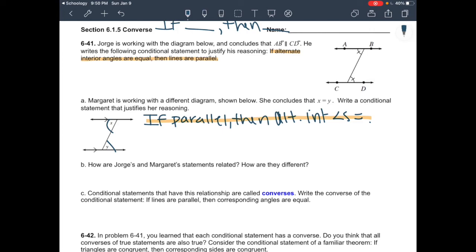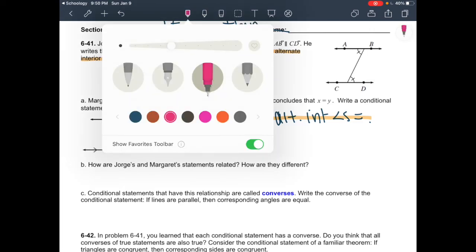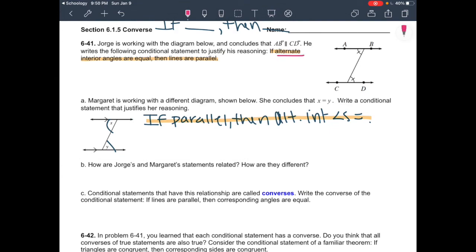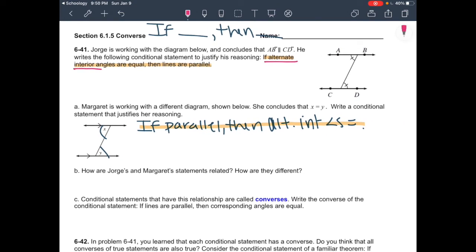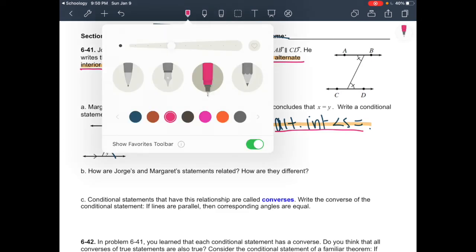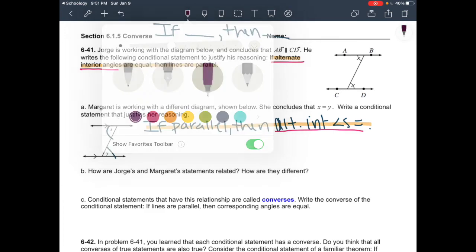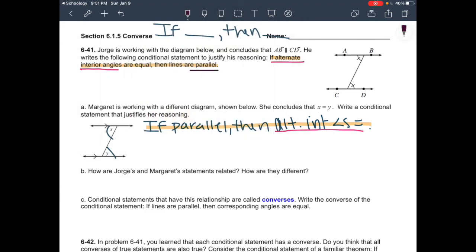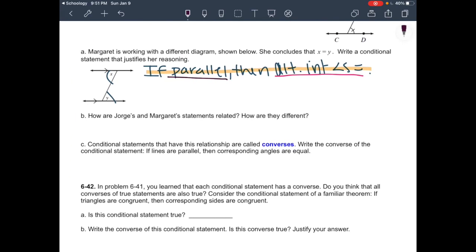In the first one here, it talks about alternate interior first, but in the second one, they talk about alternate interior second. And then if I switch to a different color and talk about the other piece, when we're talking about parallel lines, it's second, but then in the second sentence, it's first. So it's like switching the information in relation to the words if and then.